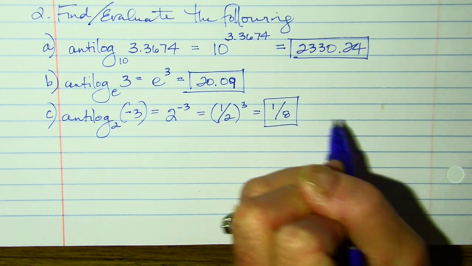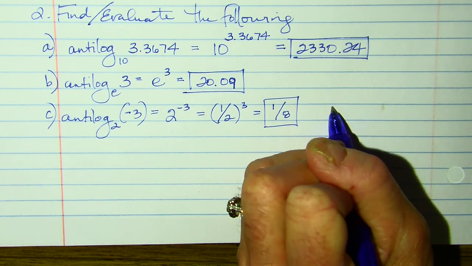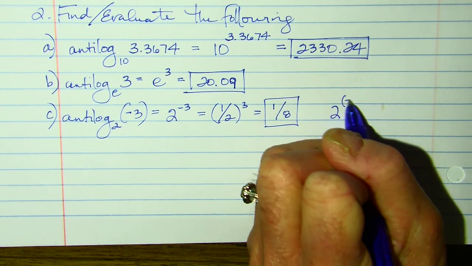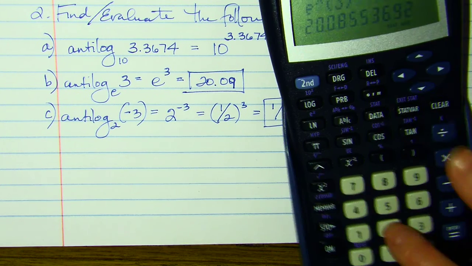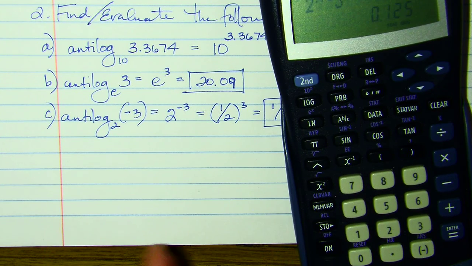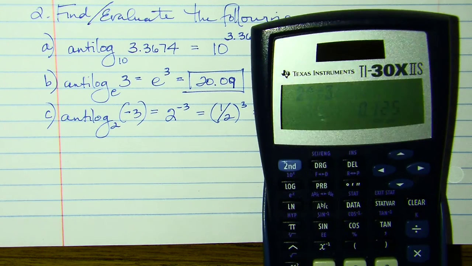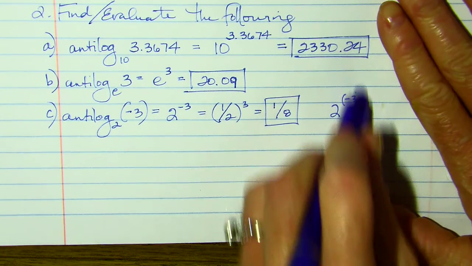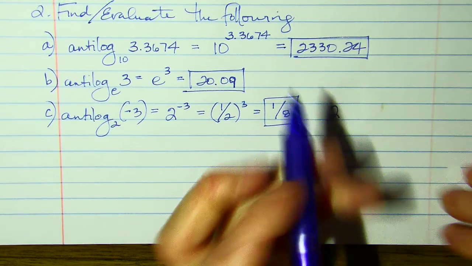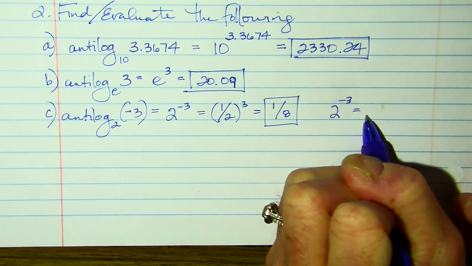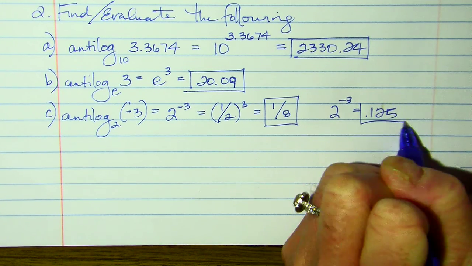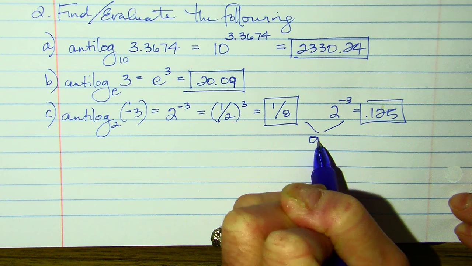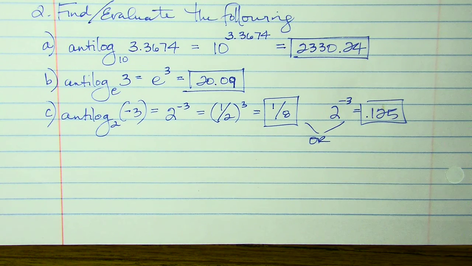Now, if you just use your calculator, you have to put the exponent. Actually, maybe you don't. Yeah, you don't. If you enter this in the calculator, you're going to get the decimal value. So if you do decide to use a calculator, that's 0.125. So you can do 1/8 or 0.125.